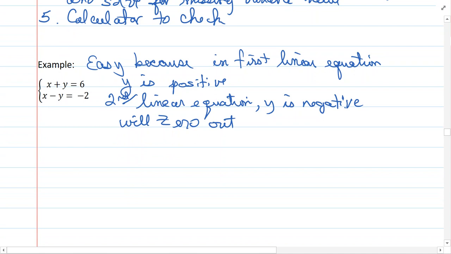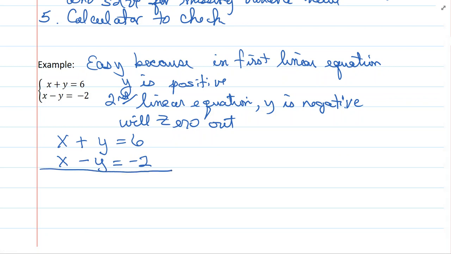All right, so I have x plus y equals 6, x minus y equals -2. These zero out because they are additive inverses.